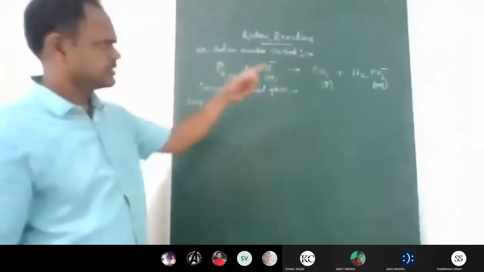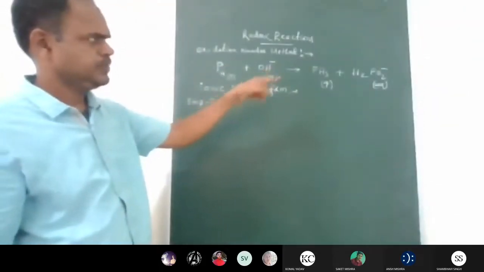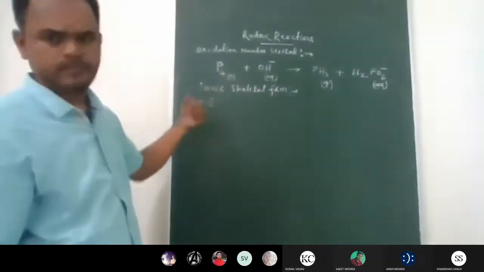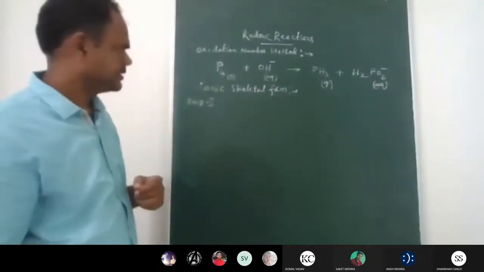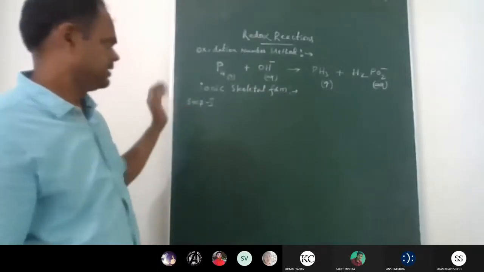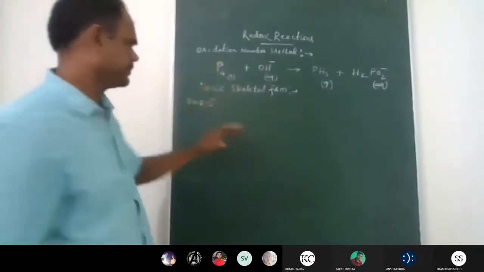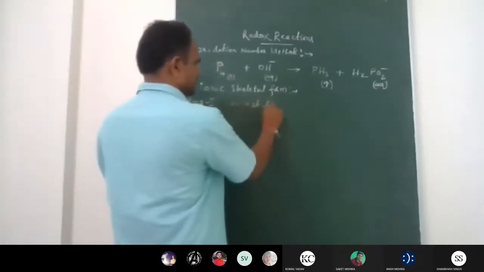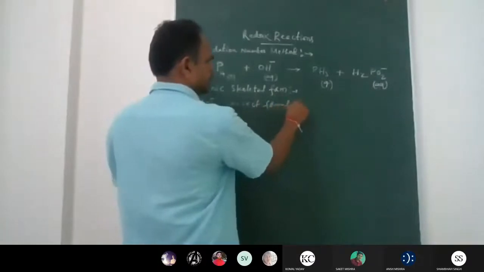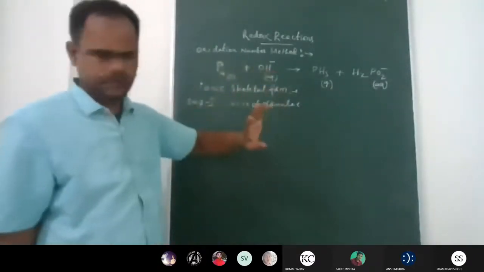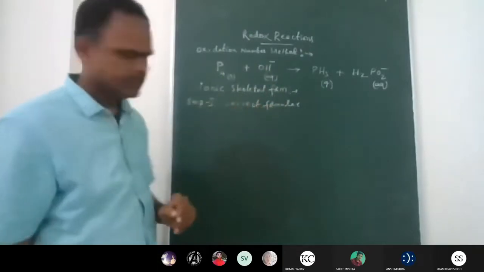Yesterday I took HPO2 instead of H2PO2, and we faced difficulty balancing the equation. So in step 1 we have to write the correct formulas of the reactants and the products.